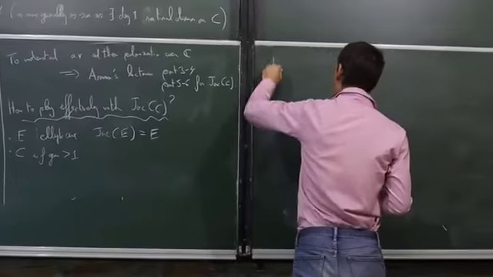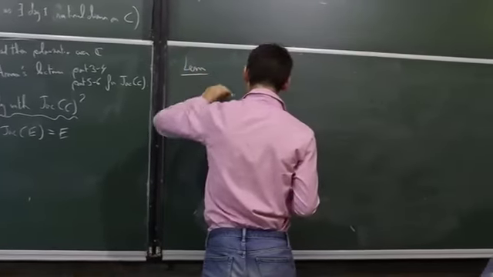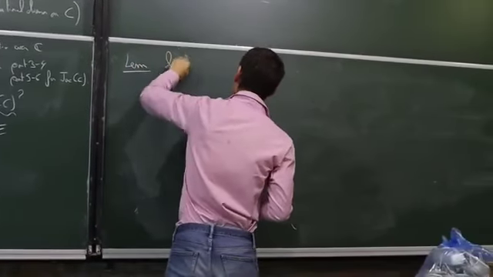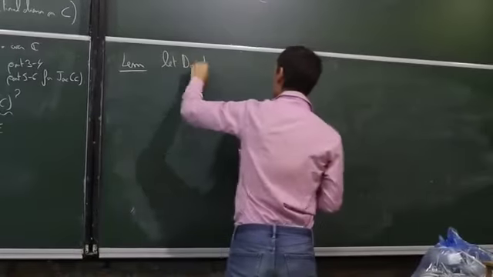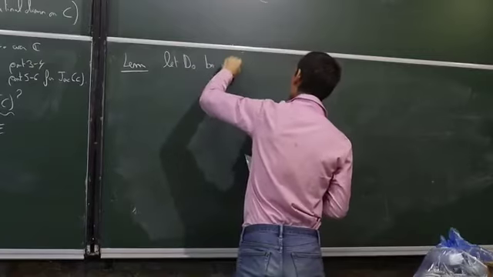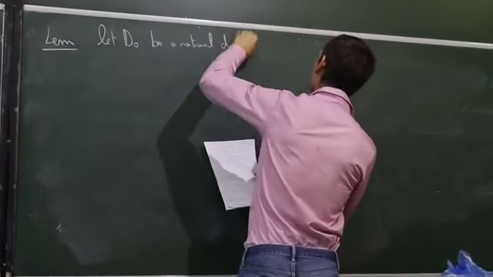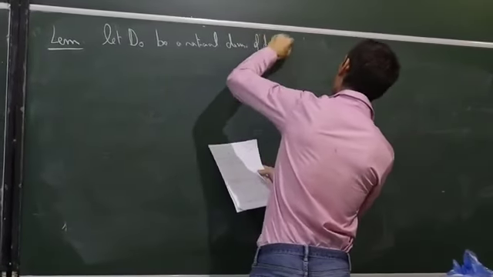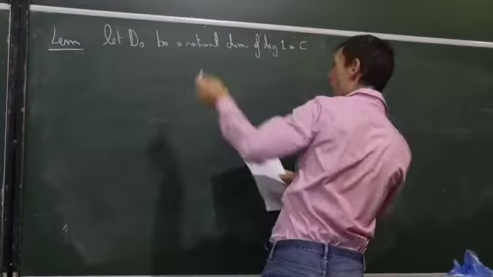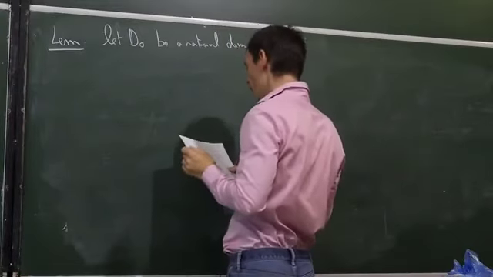And this is easy. This is the following lemma. Let D0 be a rational divisor of degree 1 on C, and we know that over finite fields it always exists.